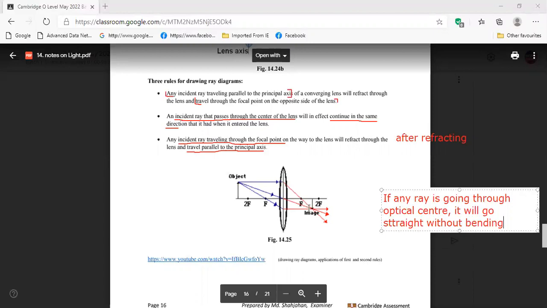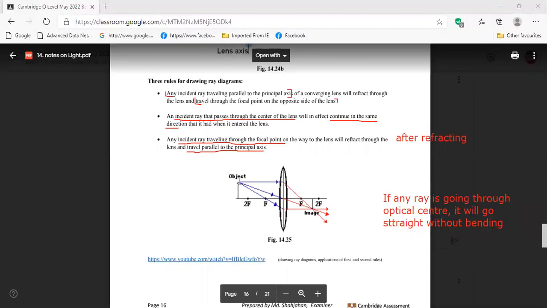These three rays intersect at the point that is the head of the object. From here the rays are going, so the image of the object is here. The head of the image will be upside down.